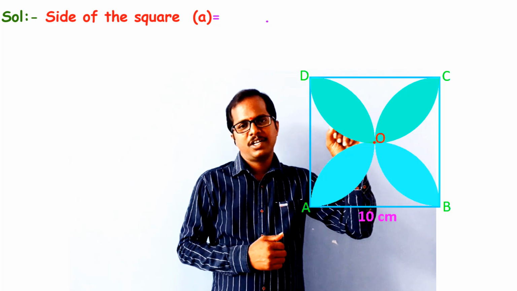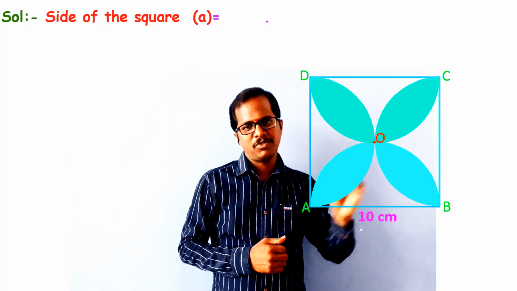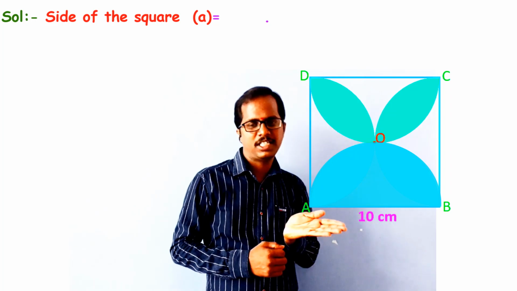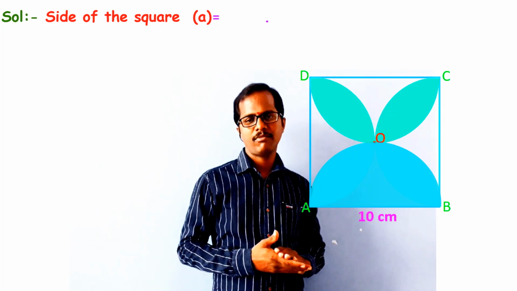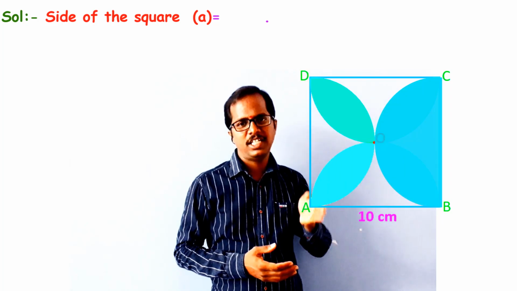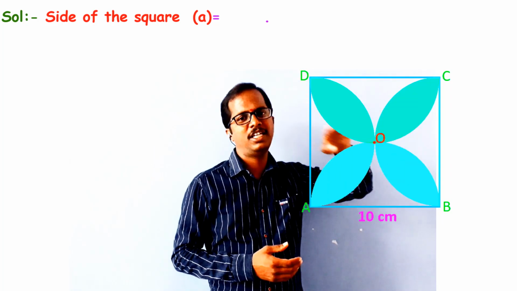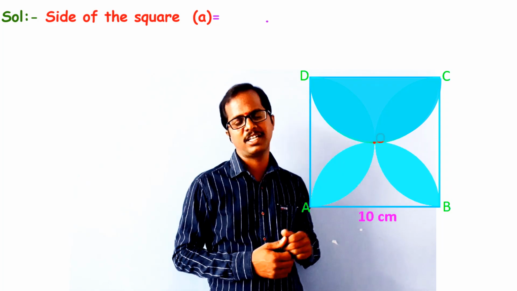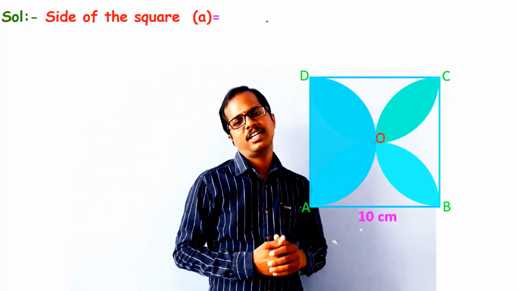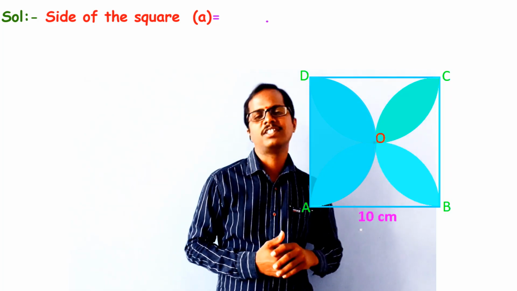Now AOB is a semicircle, and BOC is also a semicircle, COD is also a semicircle, and DOA is also a semicircle.